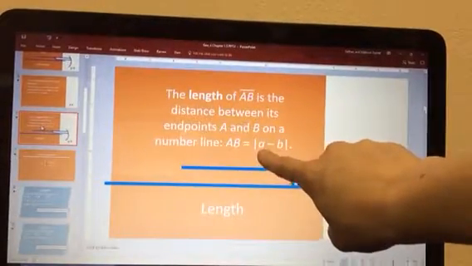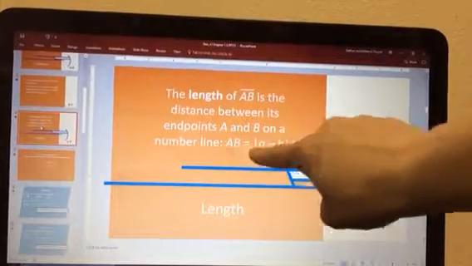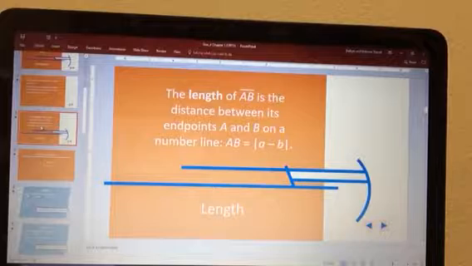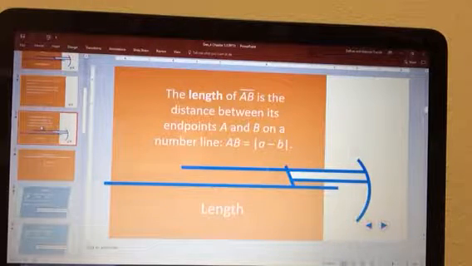I take that number. Where is point B on my number line? I take that number. I subtract the two and find the absolute value. That is the geometrical definition of length. It's the absolute value of the difference from point A to point B. Okay?